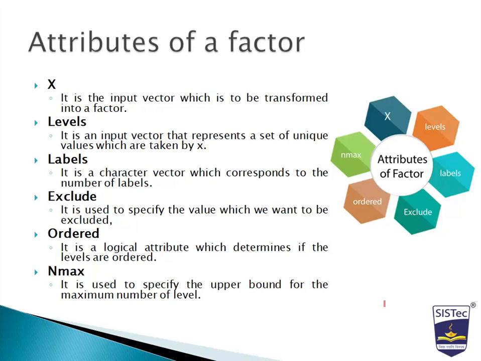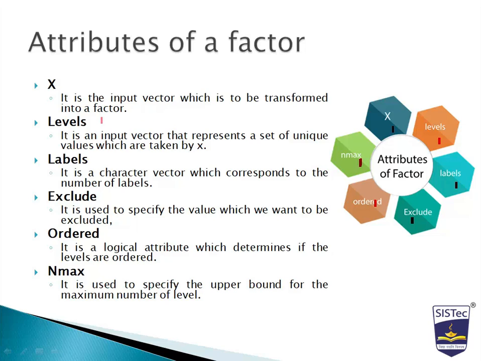So let's discuss the attributes of a factor. We have six attributes of a factor, shown in the figure: x, levels, labels, exclude, ordered, and max. X is the input vector which is to be transformed into a factor. So here we are also starting the transformations with respect to data.